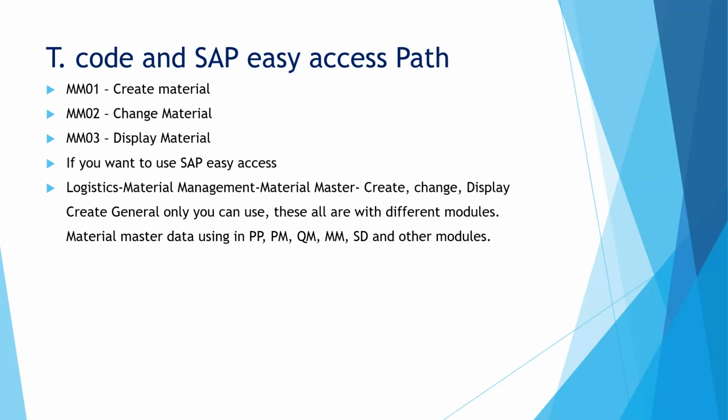The material master data is very important, because there are a lot of views in the material master which are useful for all these modules. The material master data is used in PP, PM, QM, MM, and SD: PP means production planning, PM means plant maintenance, QM means quality management, MM means material management, and SD means sales and distribution. That's why the material master data has a lot of uses.